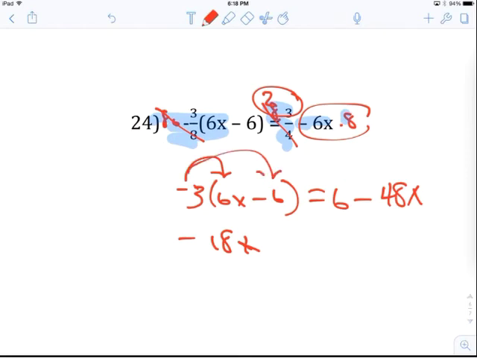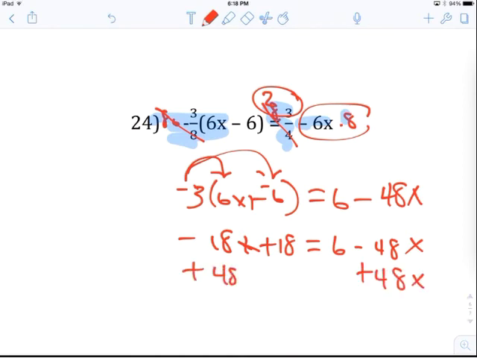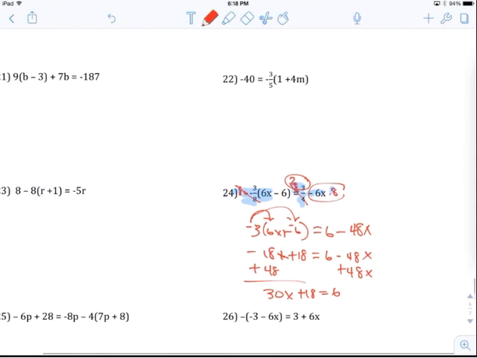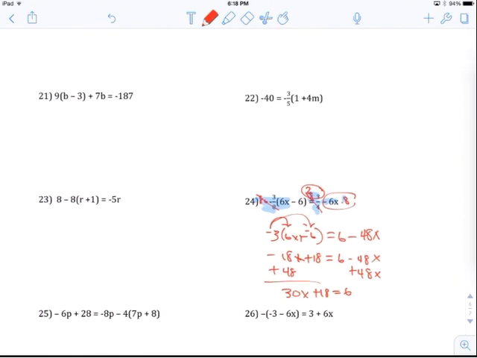Distribute, remember additive inverse, that's positive 18. And then make it equal to 0, the biggest one, the lowest number. This is 30, positive. And then you minus 18, and your answer is one solution, okay?